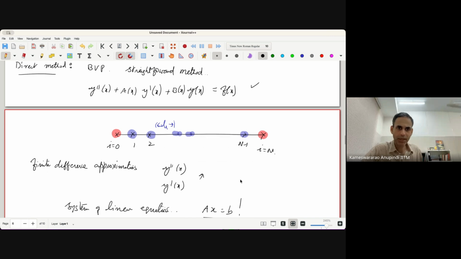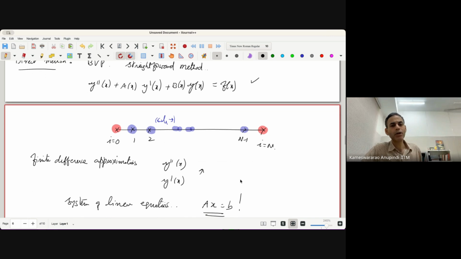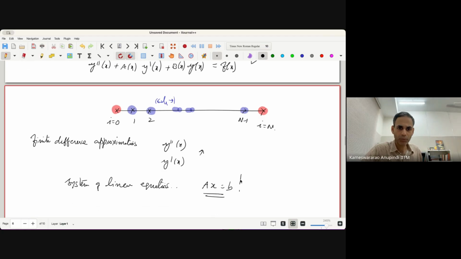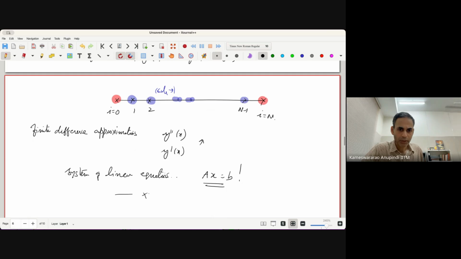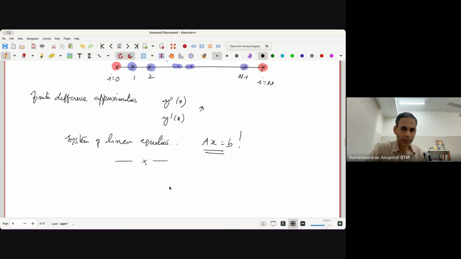I'll discuss this direct method for a particular second order central differencing of the second derivative and the first derivative, maybe in tomorrow's lecture. Okay, so with that, by tomorrow, I think we'll finish the chapter on ordinary differential equations. Tomorrow itself we'll be able to begin the last and final chapter, that is the solution to partial differential equations.